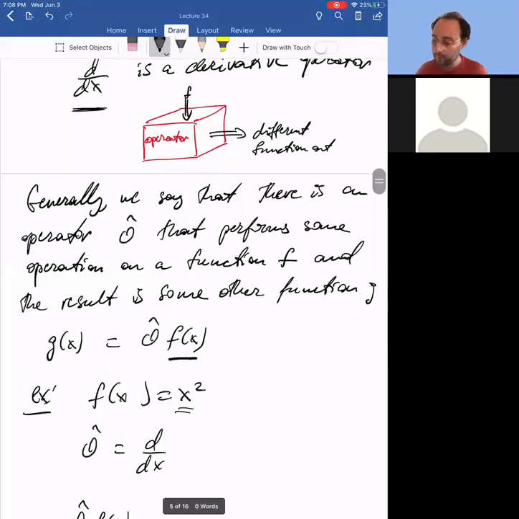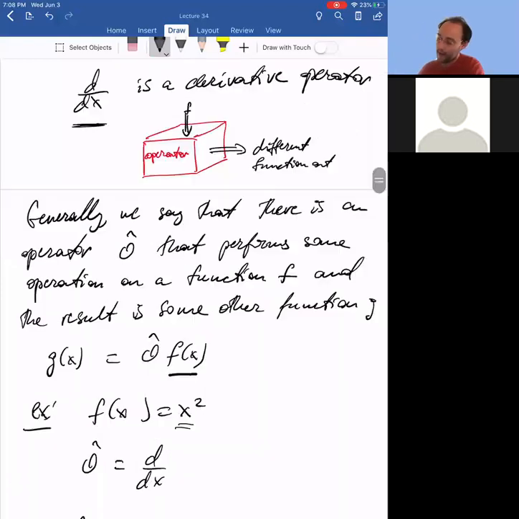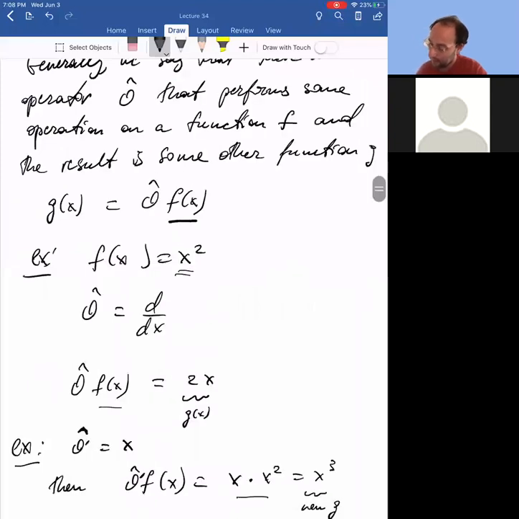On that note, generally, we say that there is an operator O hat. We put a hat to indicate that it's an operator, not a letter, not a number, not a variable, not a function, but an operator. Generically, I call it operator O hat, that performs some operation on a function f, and the result is some other function g. In other words, I can take this picture and redraw it.